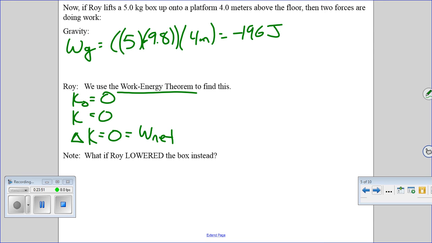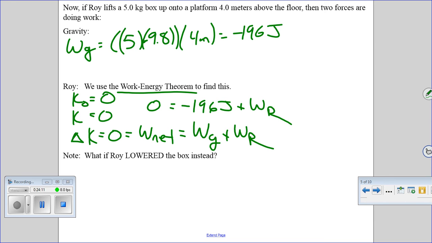Well, what are the only two forces acting on the box? Roy and gravity. So this is equal to the work done by gravity plus the work done by Roy. Well, let's see. Our net work is 0. The work done by gravity is negative 196. So the work done by Roy has got to be 196, right?